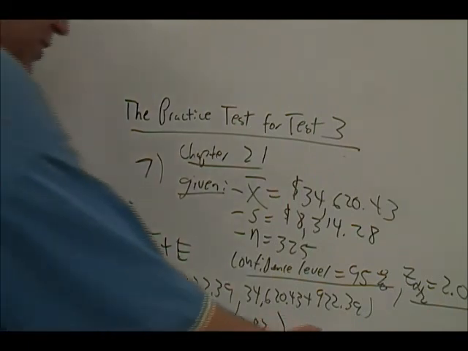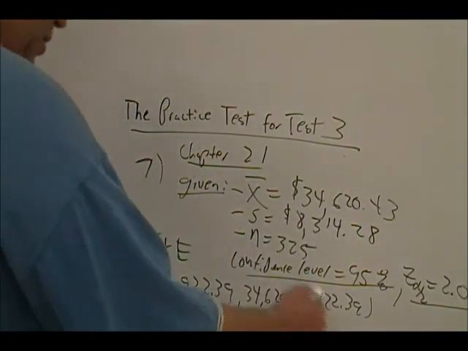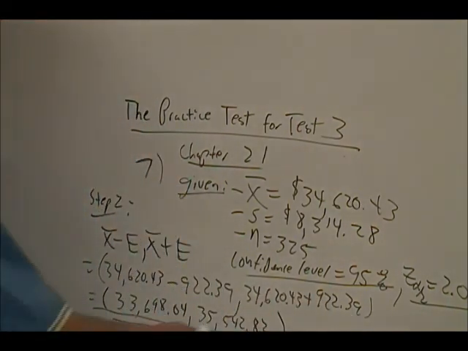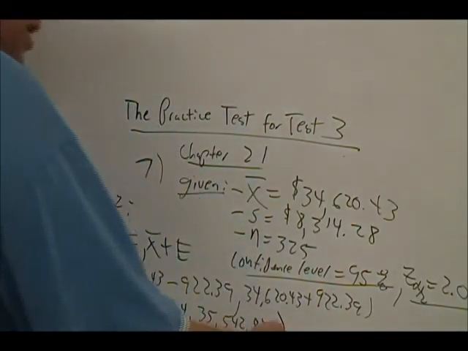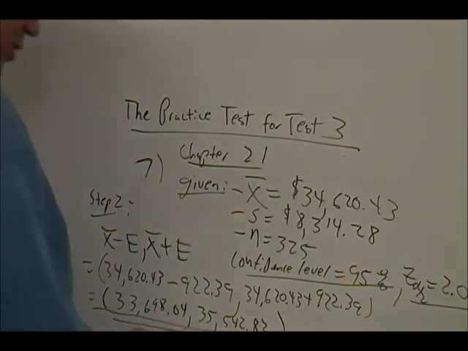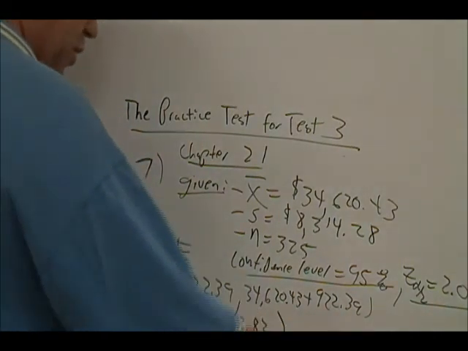Now, if the two intervals happen to overlap each other, the interval from problem 7 and the interval from problem 8 do overlap, then that means there would be a possibility, at least at this confidence level, that the mean annual income for the American households and the mean annual income for the European households could be the same mean. Because we don't know the mean annual income for either the Americans or the Europeans.